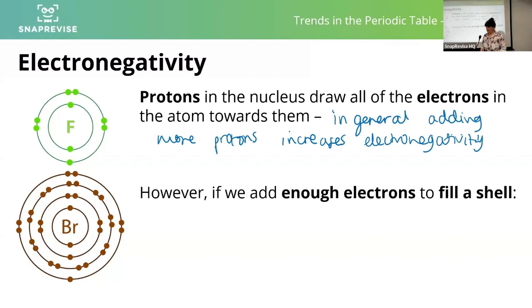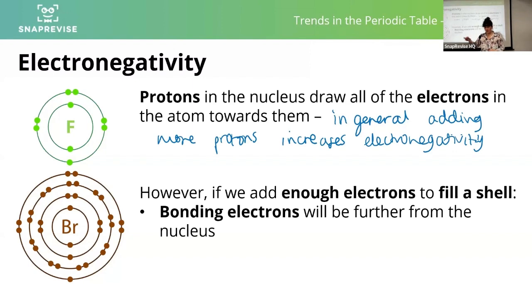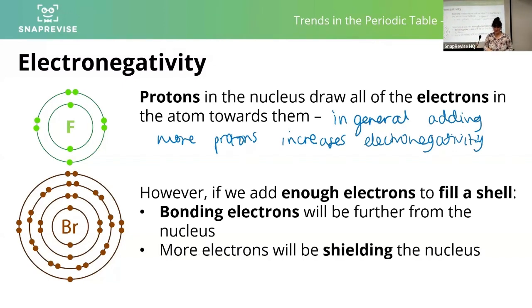However, and we'll think about how that applies to the periodic table in a minute, if we add enough electrons to fill a shell, what's going to happen? Well, our bonding electrons will be further from the nucleus. So our valence electrons, our available electrons for bonding, our outer electrons, will be further from the nucleus. And therefore, because we've added a shell, more electrons will be shielding the nucleus.